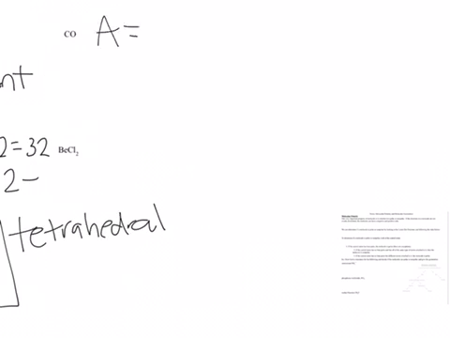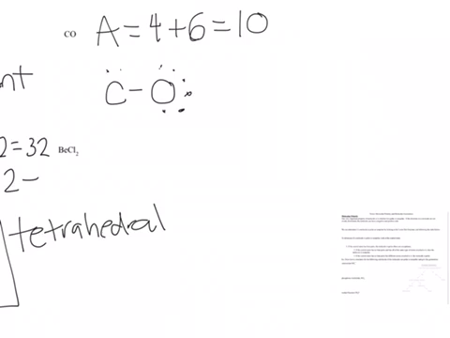All right, so let's take a look at carbon monoxide. Available valence electrons: carbon has 4 and oxygen has 6, so 10 total. We're going to put the 2 atoms next to each other. There's not really a central atom. If we just bonded them once and then filled up their octets with lone pairs, you would see that you have drawn too many electrons.